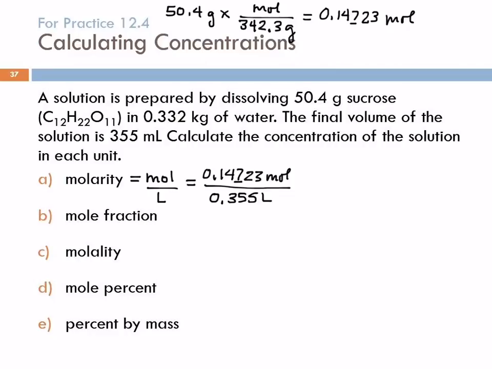And this gives me, this is a final answer, so I'm going to round to 3 sig figs here, 0.415 moles per liter. If I make a calculation error, please yell at me. Literally yell at me. That one should be fairly easy. We've done molarity for a while now.